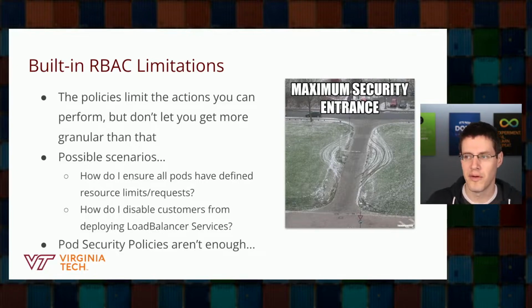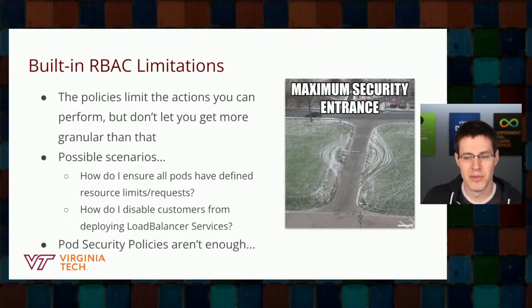If I want a platform environment where machines scale up and down automatically, in order for that scaling to work, the pods need to have resource requests and limits. In the roles and role bindings we just looked at, I can say that you can create a pod, but I can't get more granular than that. I can't say you can only create a pod if you have resource requests and limits defined.